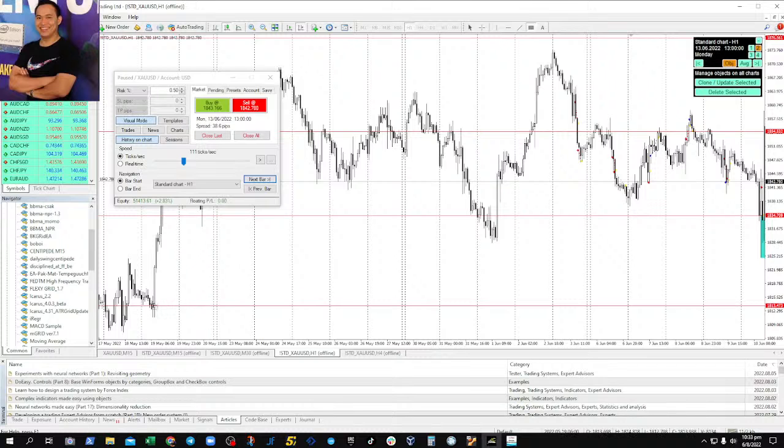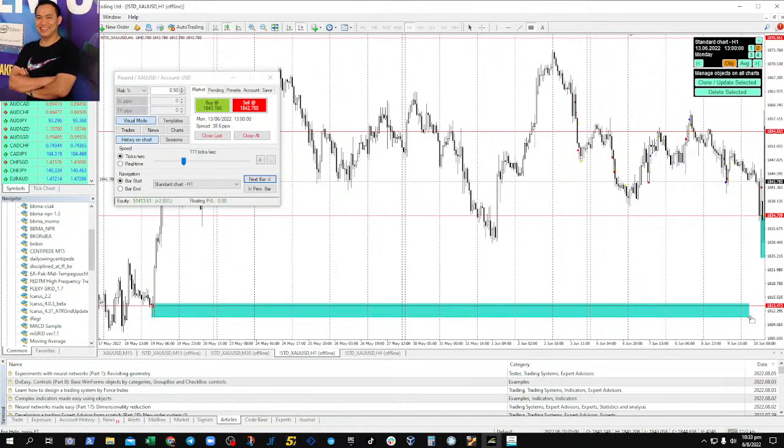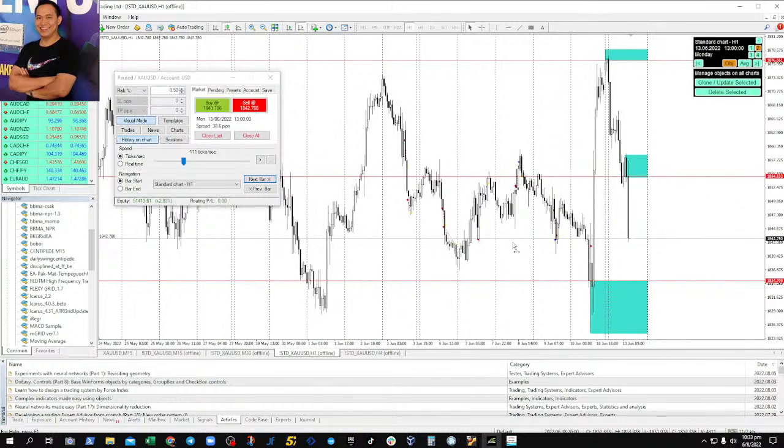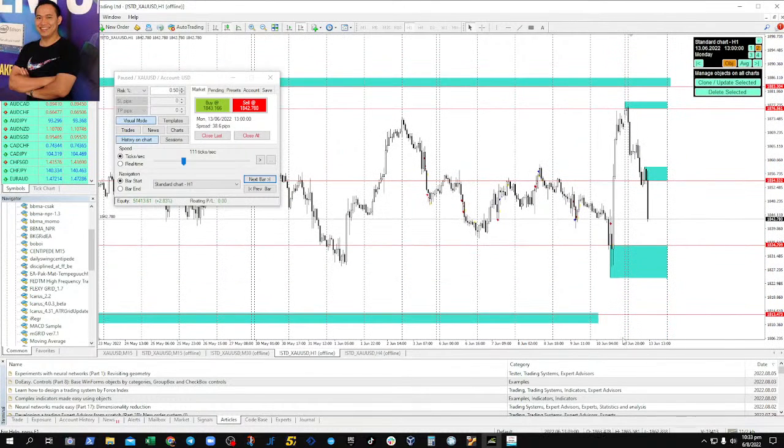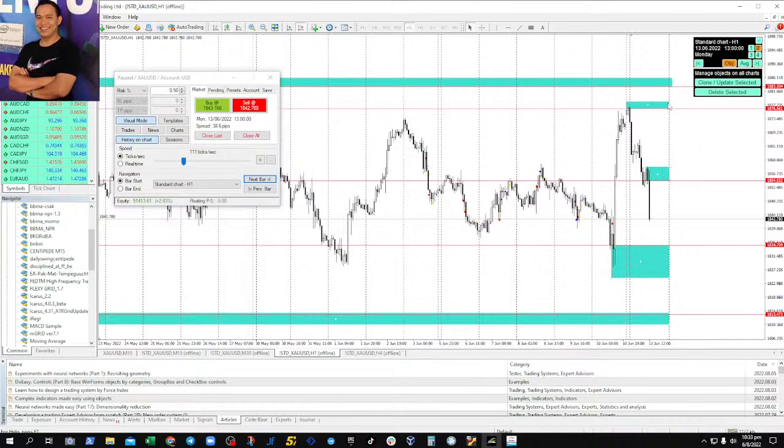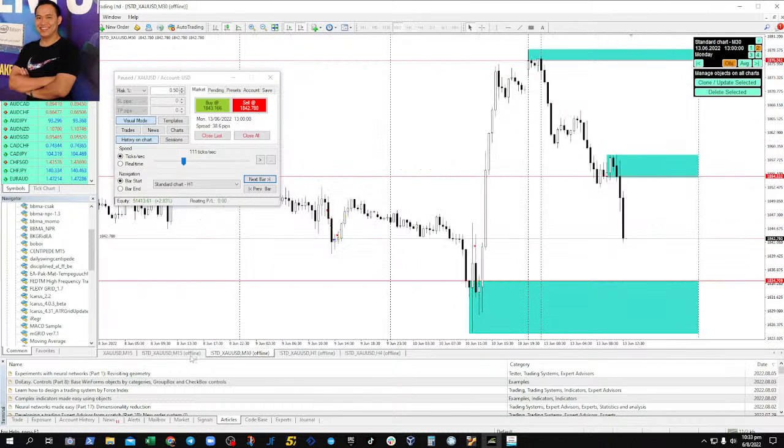There will be this one. Yep, okay. So select all our zones. We're going to clone it to the lower time frame. Clone update. Okay, so we're going to have our zones in M30 and M15.